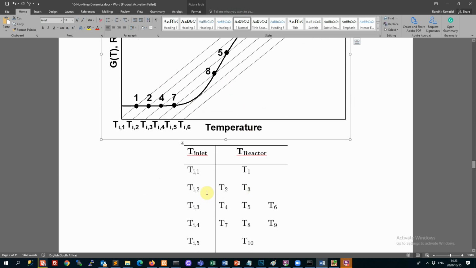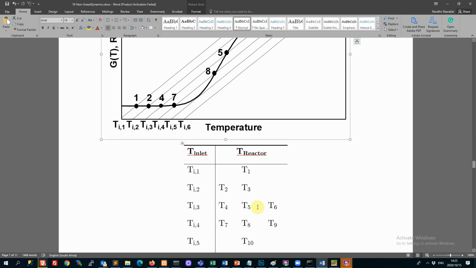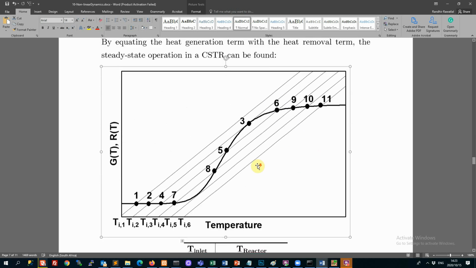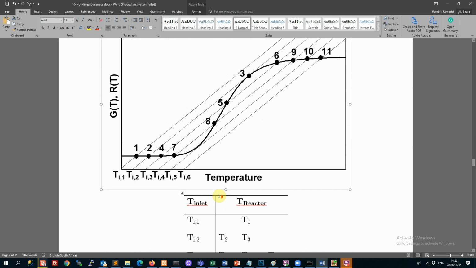And then for Ti3, you do have 3 possible steady states available. And then it's a matter of where you've started. So your initial temperature in the reactor decides which steady state you are going to fall into, and so on. So you can read this table and see that you agree that we can identify for a particular inlet temperature what steady states are available in the reactor.